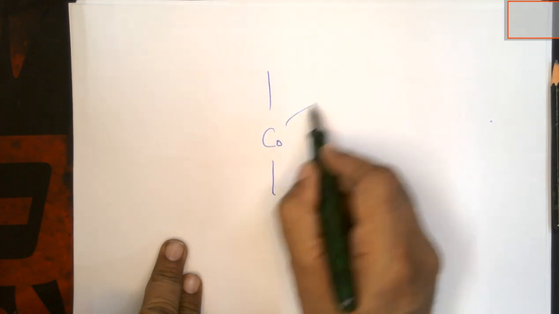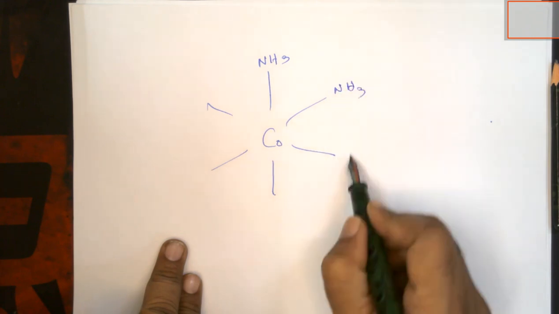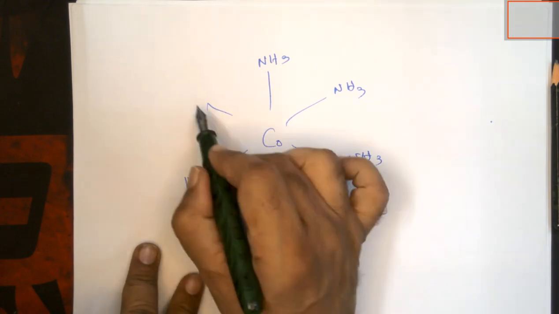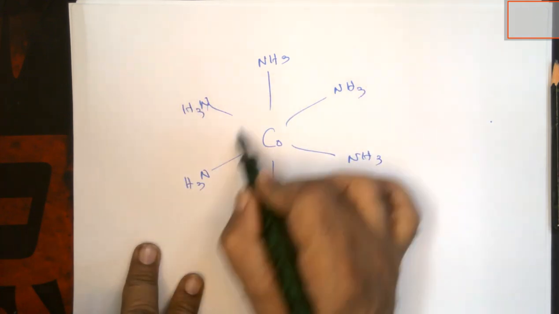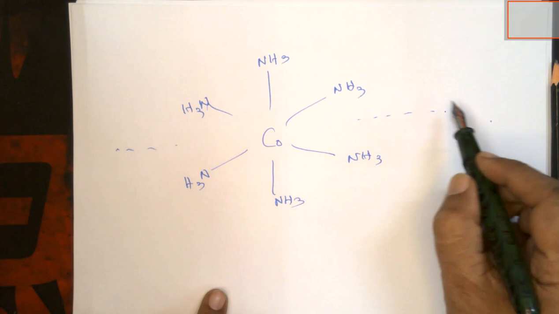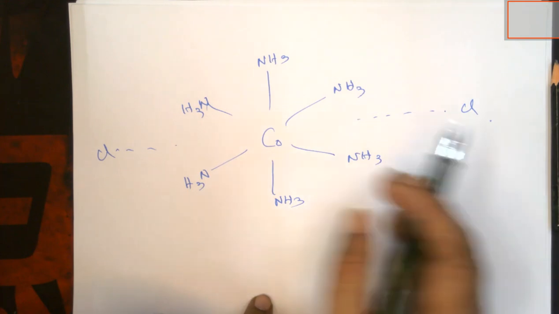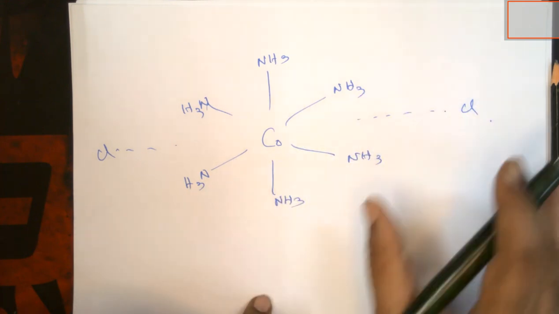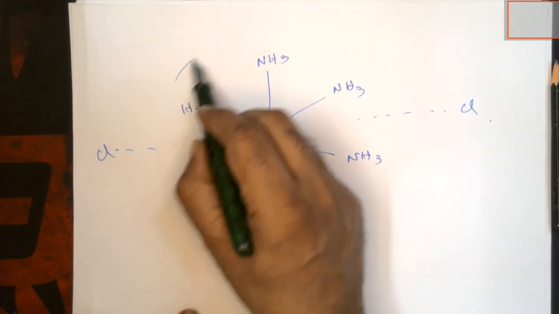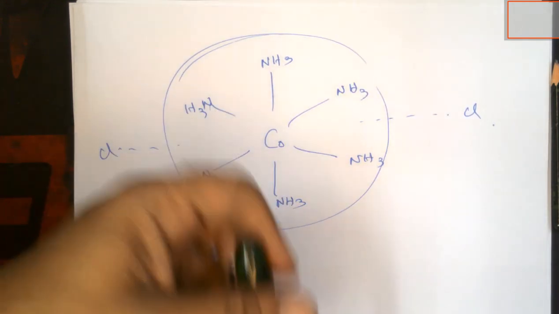So here, ammonia. How many ammonia are there? 6, is it not? So 6 ammonia are surrounding the central metal atom, and in the outside sphere you have got chlorine. So this is ionizable, and that is why when you dissolve the salt and ionize it, it becomes chloride ions only. You cannot split this ammonia from the cobalt. Why? It is tightly bound in the inner sphere. Are you able to follow? Got this point? Right. Next.